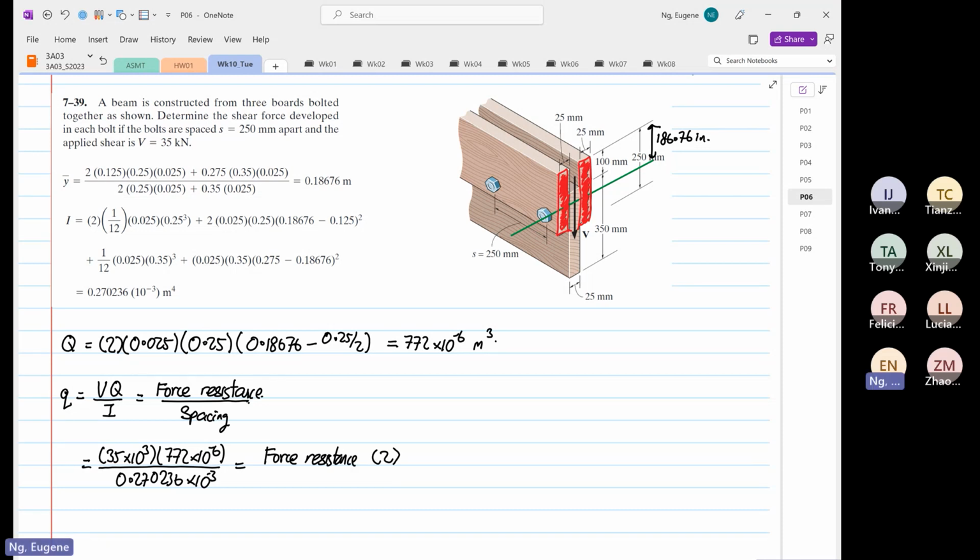And we have to multiply by 2. This is because of double shear. And then you divide by spacing of 0.25.